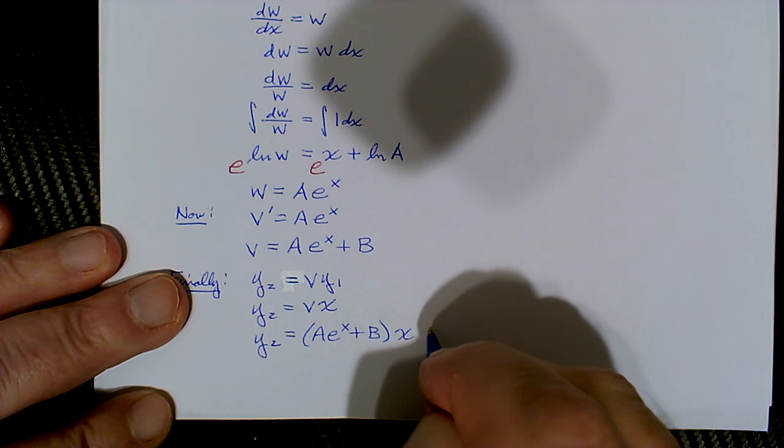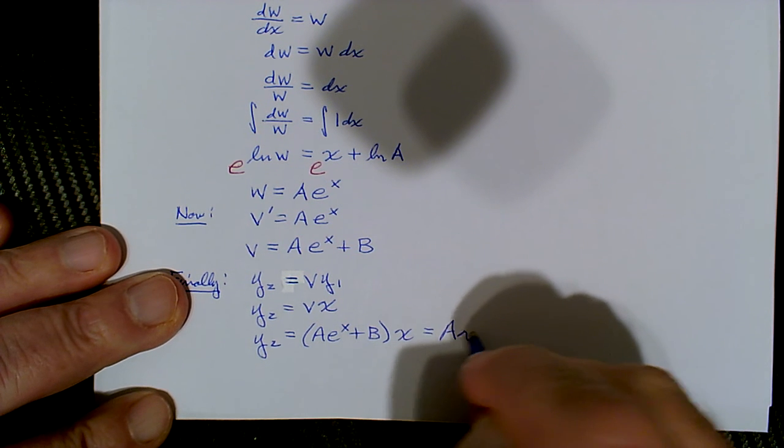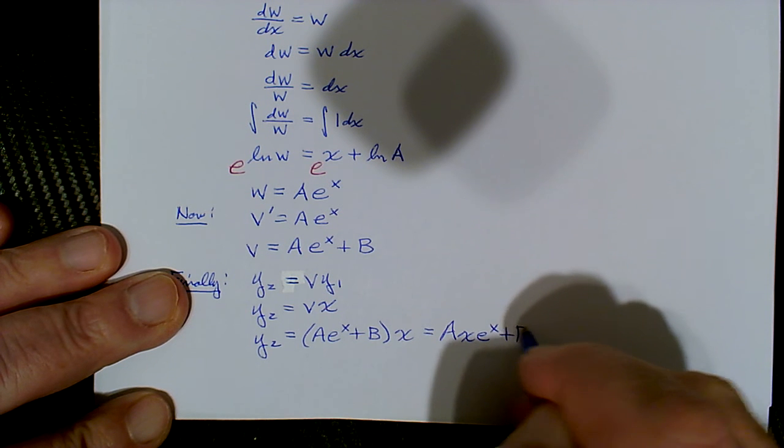And so that gives us ax e to the x plus bx.